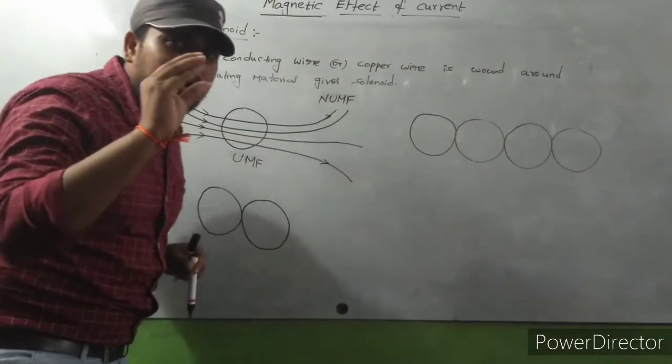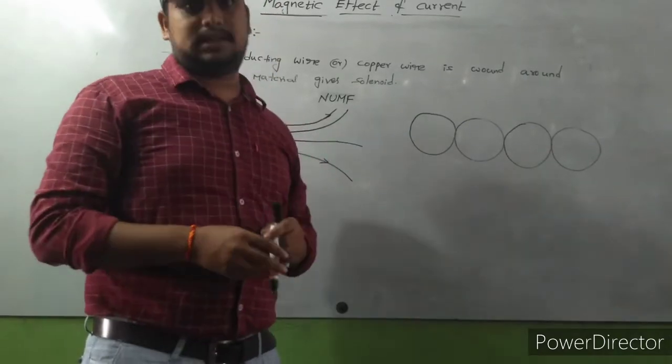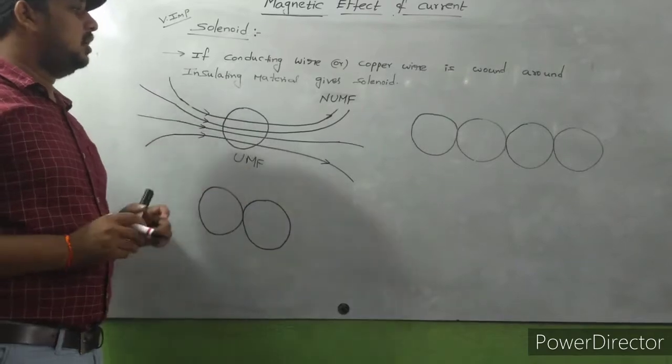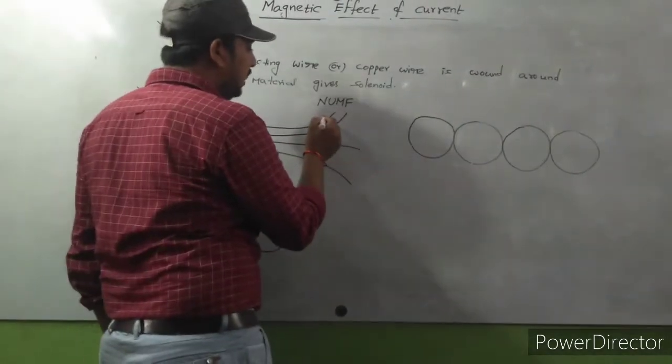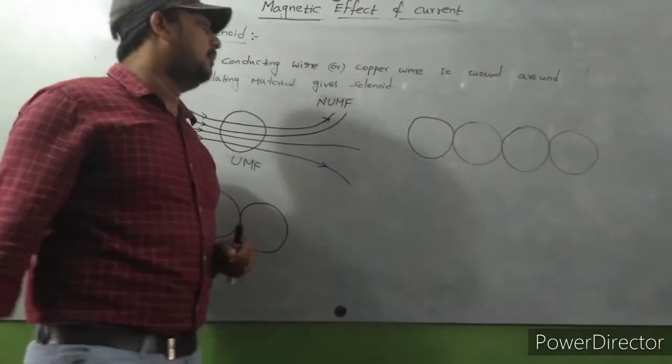Due to the presence of this circular loop, the magnetic field lines are very near and close. So inside the loop, there is a uniform magnetic field. Outside of the loop, the field lines move far away, so that is a non-uniform magnetic field.